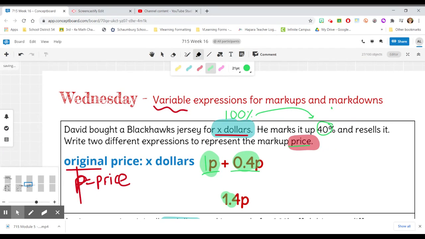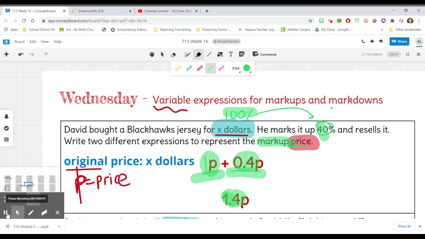No matter what the price is, if I'm marking this up, I am reselling it for 140%, whether I'm adding the total price of the original plus 40% of the original, or I'm taking 140% of the original price. It doesn't matter. They both are equivalent.